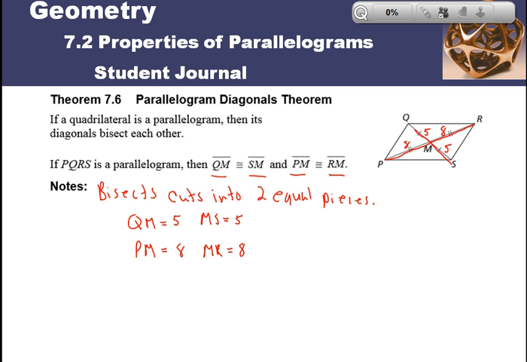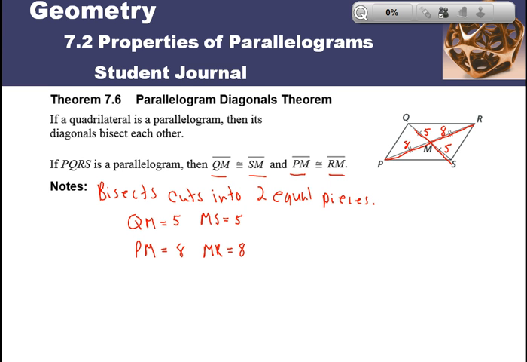So now we know that the diagonals of a parallelogram bisect one another, which means they cut each other into two equal pieces. Okay, so we're going to get ready to do some practice ones, but let's just recap what we've learned.